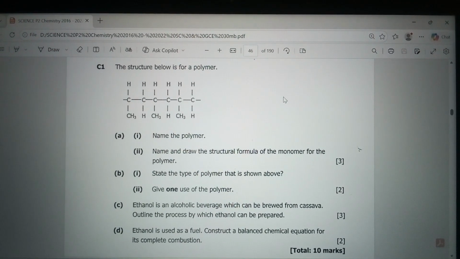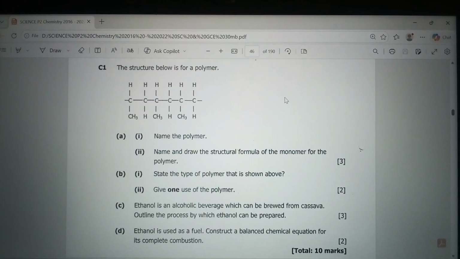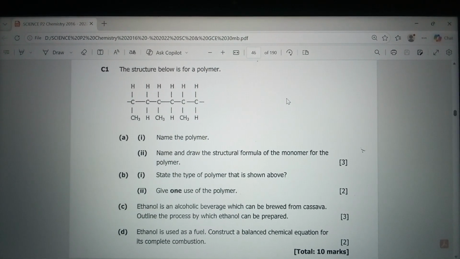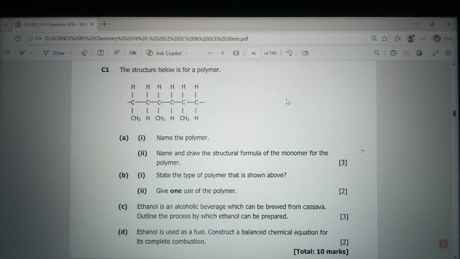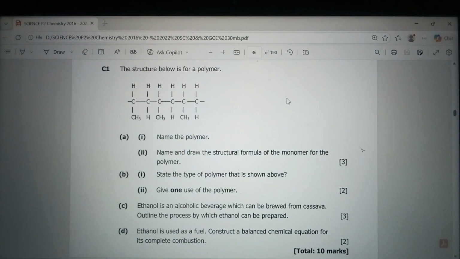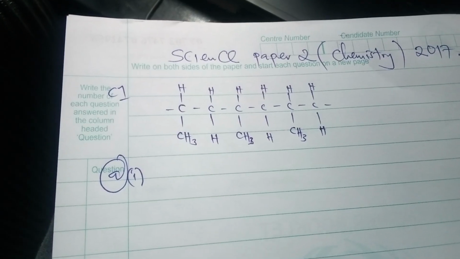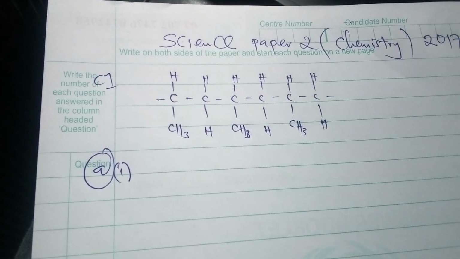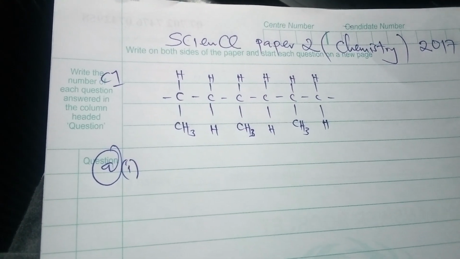The question reads, the structure below is a polymer. A polymer is just a macromolecule substance that is formed by small units called monomers. They are saying, name the polymer. One thing that you should bear in mind is that the name of the polymer originates from the monomer.